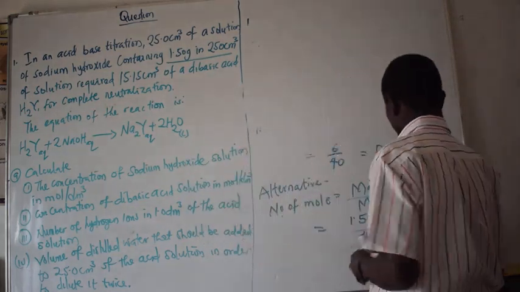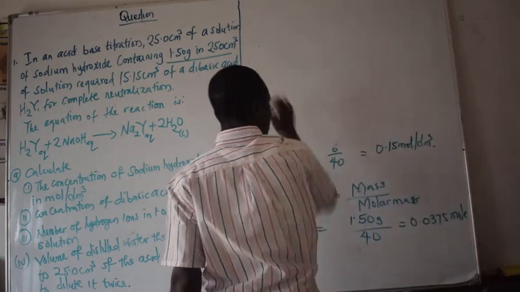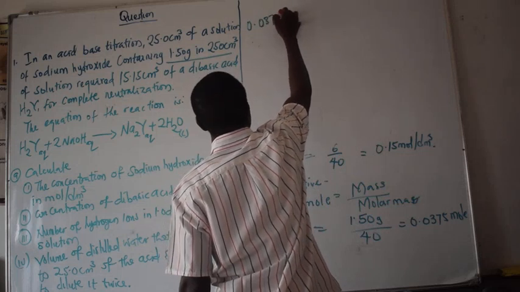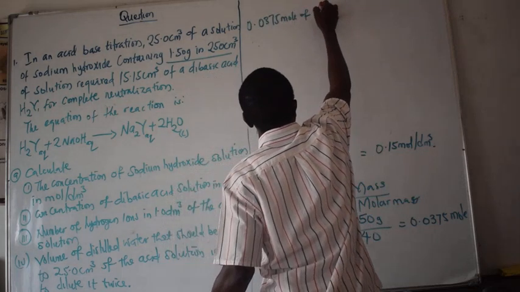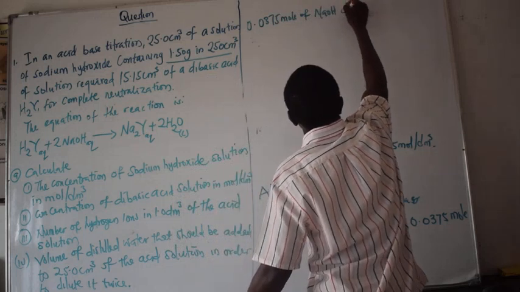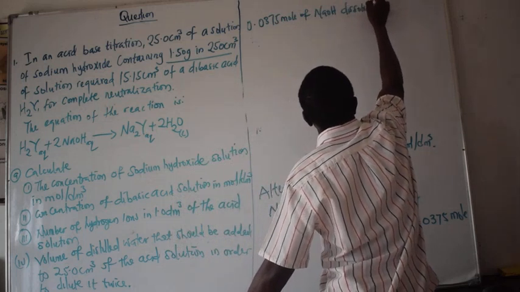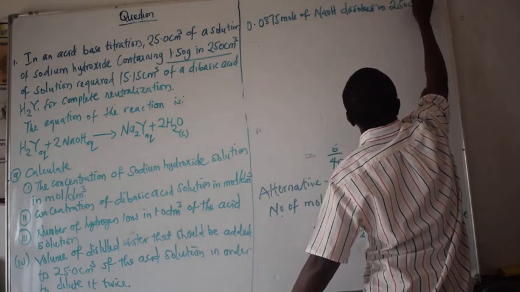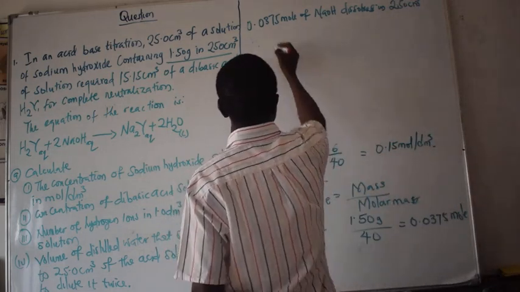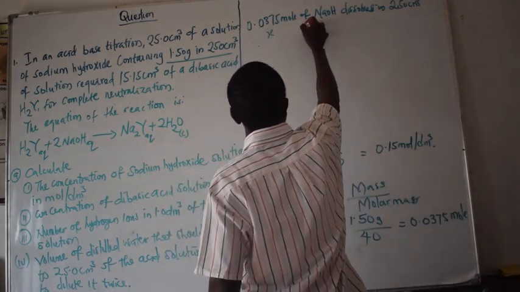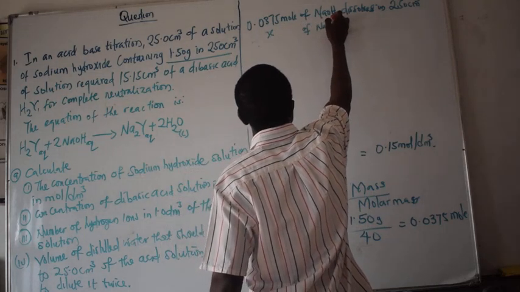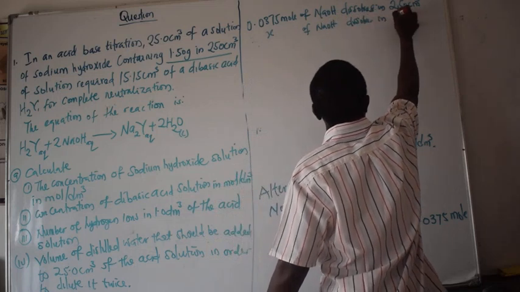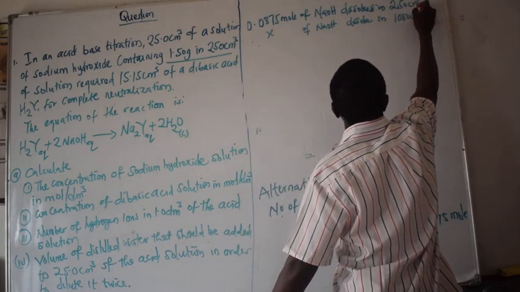So now we can convert this. The implication is that 0.0375 mole of NaOH dissolves in 250 cm³. Now what will be the mole X of NaOH that will dissolve in 1000 cm³?